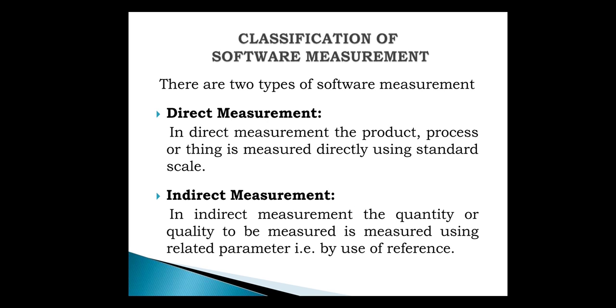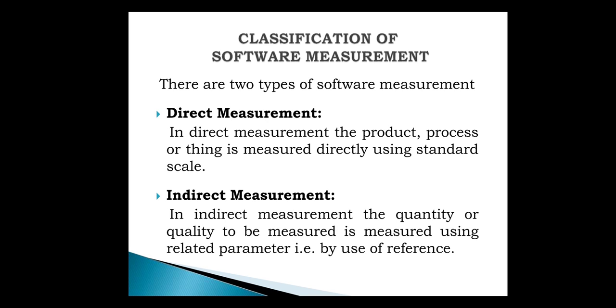Suppose you want to measure a particular application by its lines of code, you can directly measure the total number of lines present in that application. A particular scale is available for it, so it is called direct measurement.